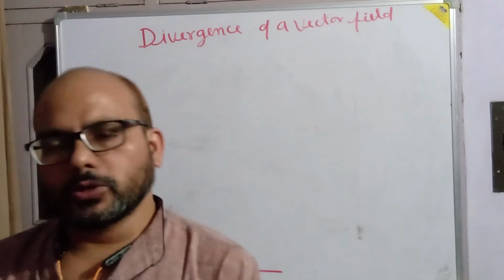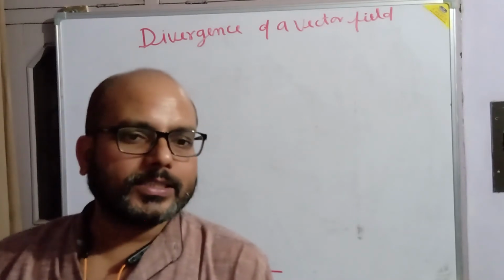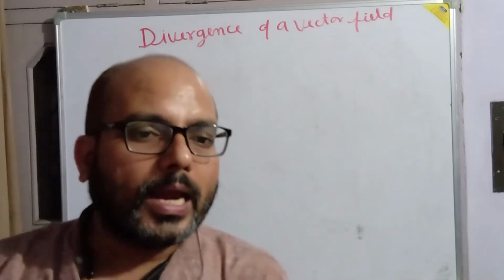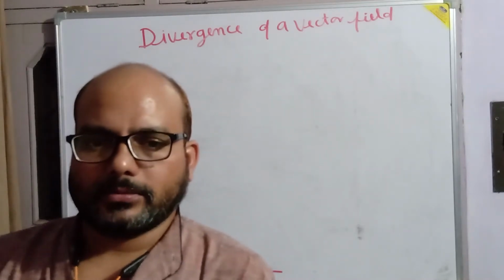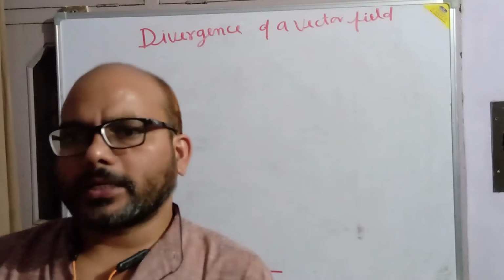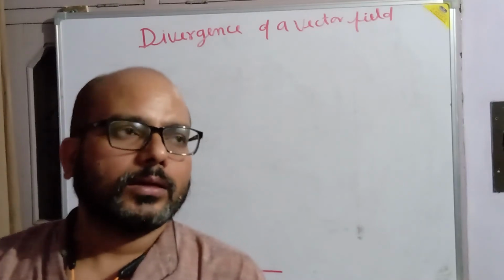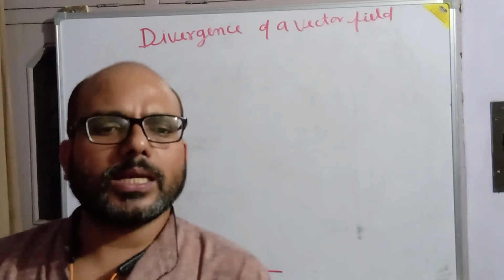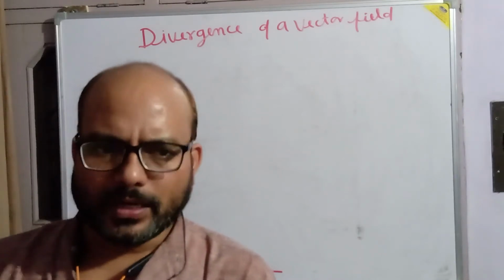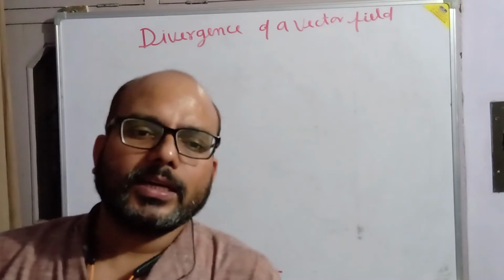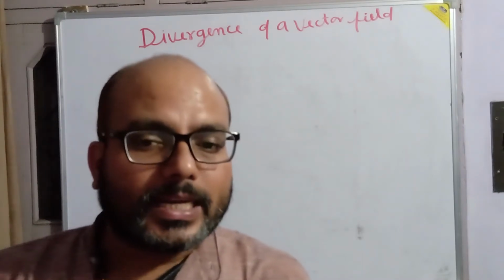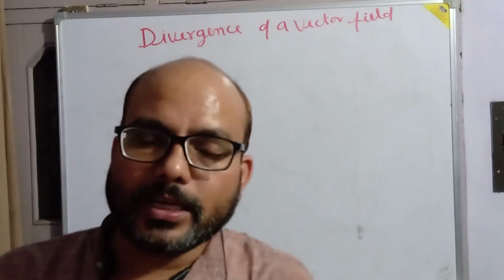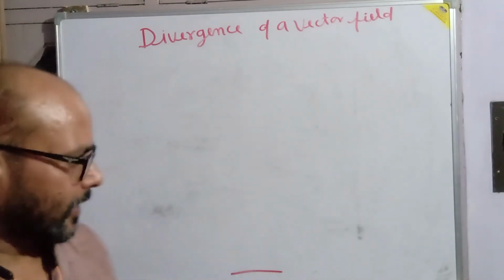A vector is a quantity that has magnitude and a certain direction. Vectors are used in the electric field, magnetic field, velocity vector, pressure vector, and many other physical phenomena. A vector field is a function that assigns a vector to every point in space.